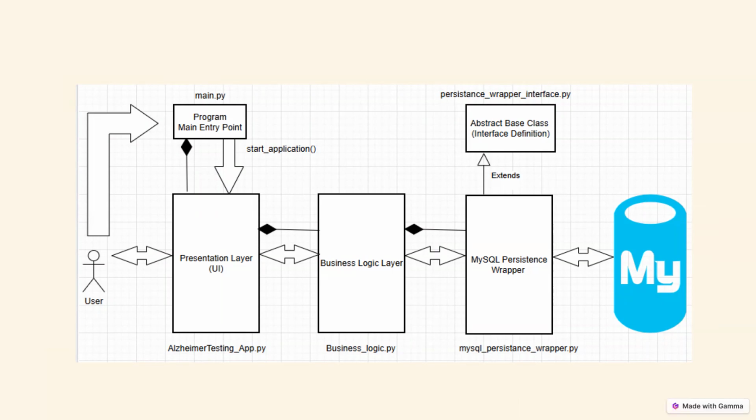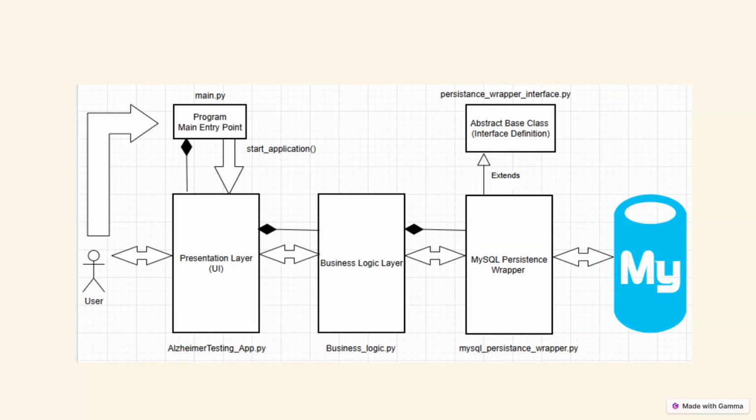So as we can see in the diagram, the main actor is the user. He is either a patient or a healthcare provider. The main entry point is the program entry point, main.py, which is a Python program.